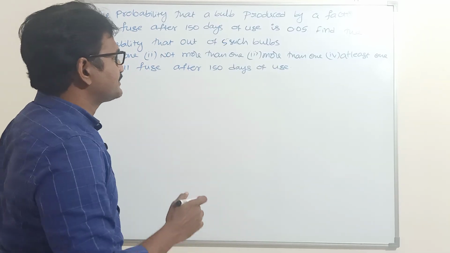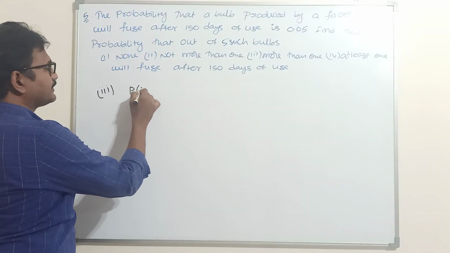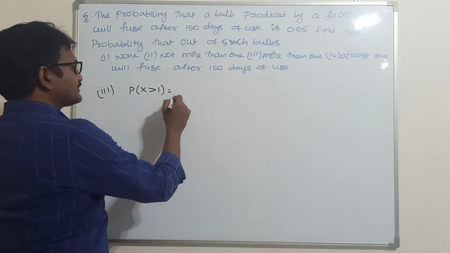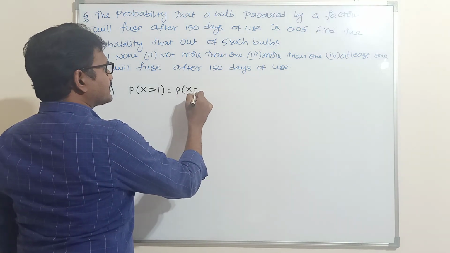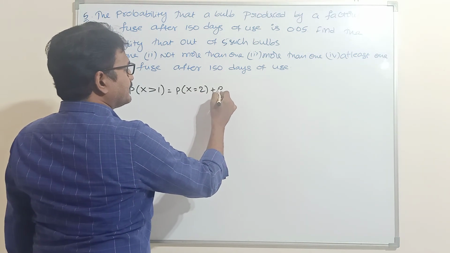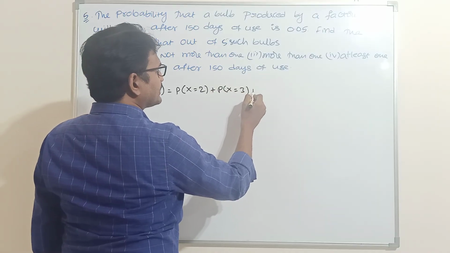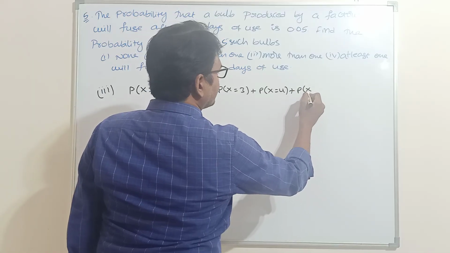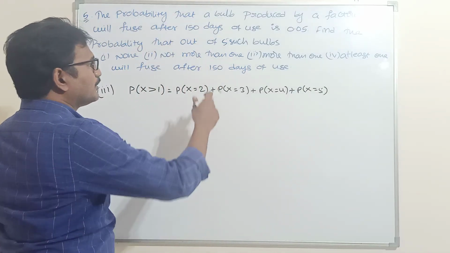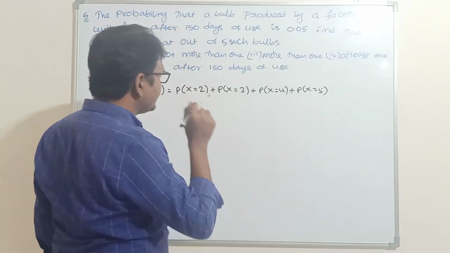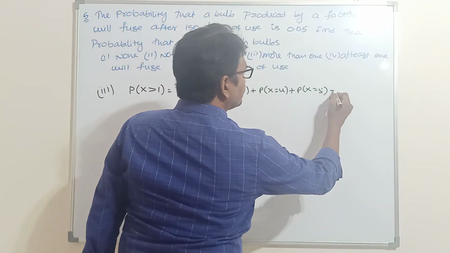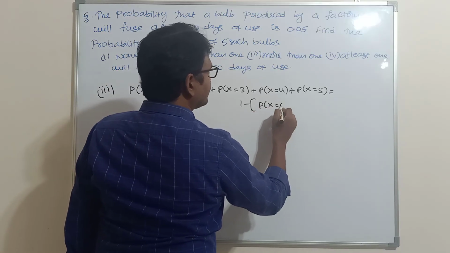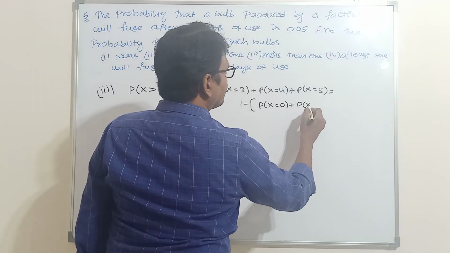Next, the third problem is more than 1. Probability of getting more than 1 means P of X greater than 1. This is equal to P of X equal to 2 plus P of X equal to 3 plus P of X equal to 4 plus P of X equal to 5. Total we are trying 5 bulbs, so up to 5 we need to take. This is also equal to 1 minus P of X equal to 0 plus P of X equal to 1.